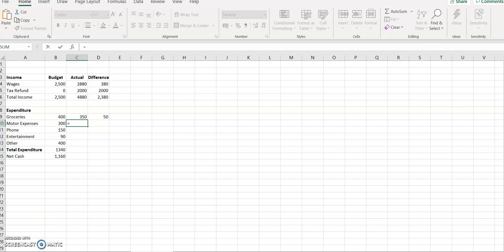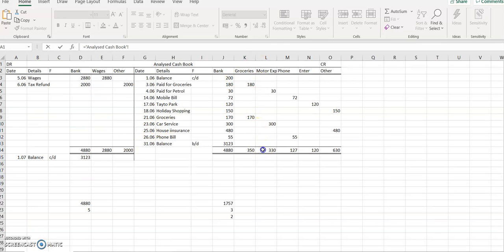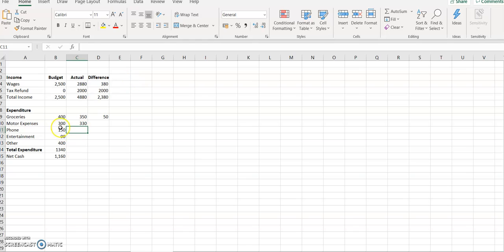Motor expenses then were 330. They budgeted 300, they actually spent 330, so it's going to be plus 30. This one is going to be minus 50. So they're going to have spent 50 less for the groceries, and spent 30 more for the motor expenses.